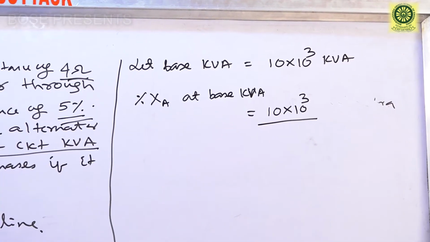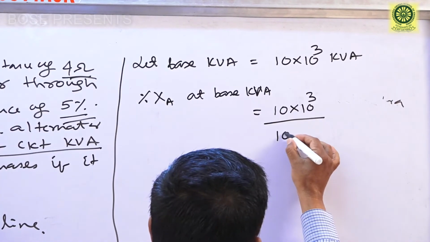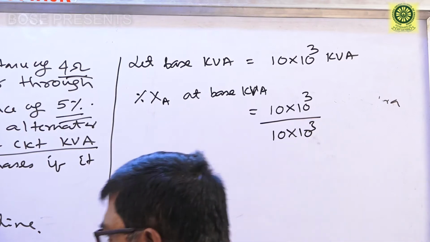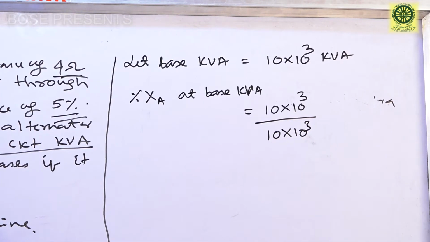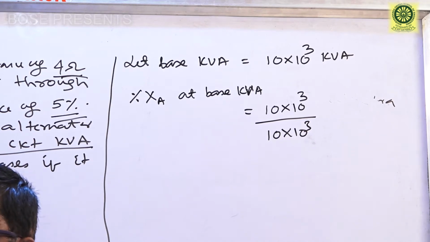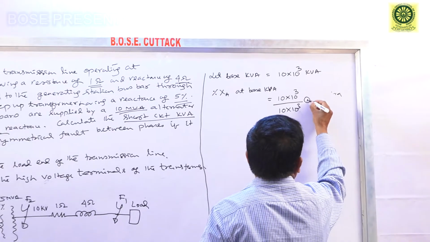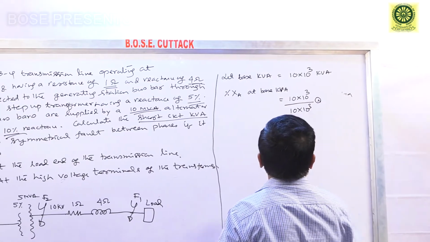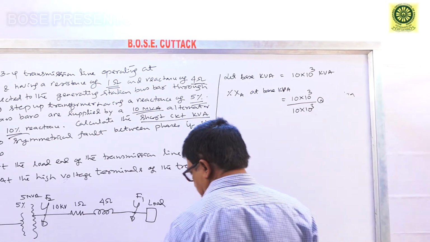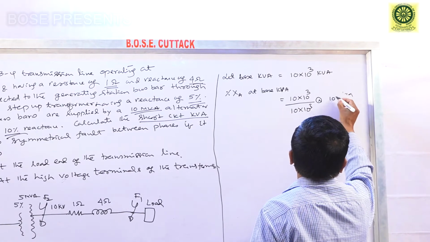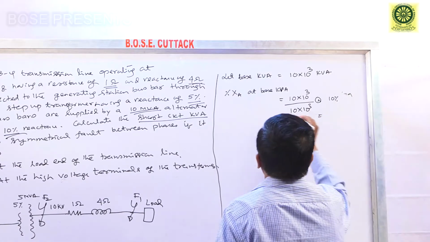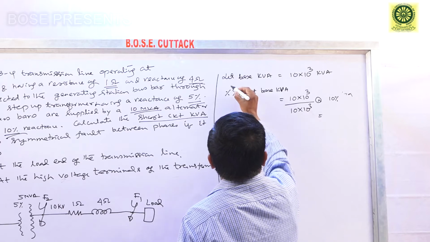What is the rated kVA? The same thing, 10 into 10 to the power 3 kVA, actually this is 10 MVA, into the percentage of reactance, 10%.